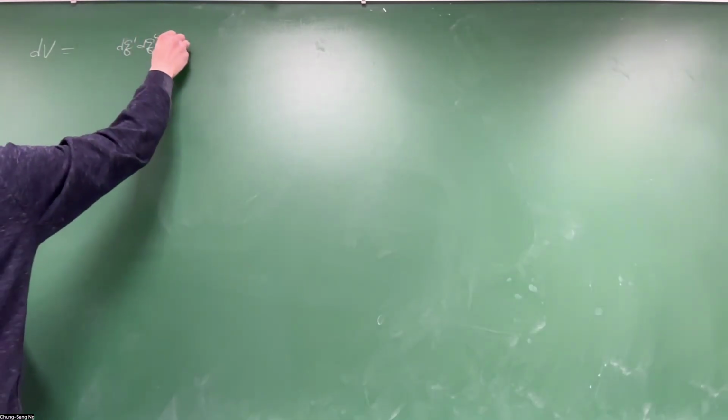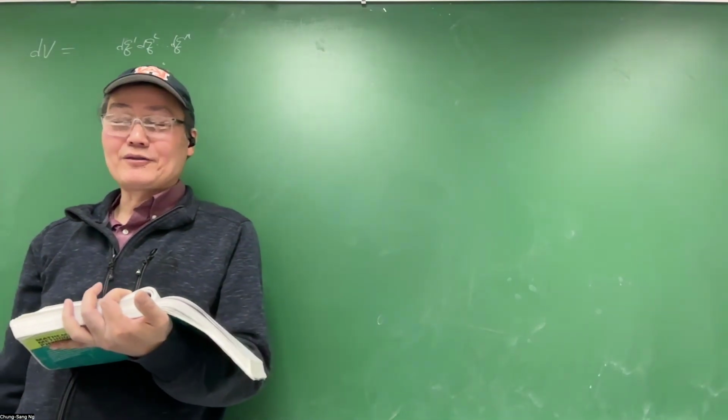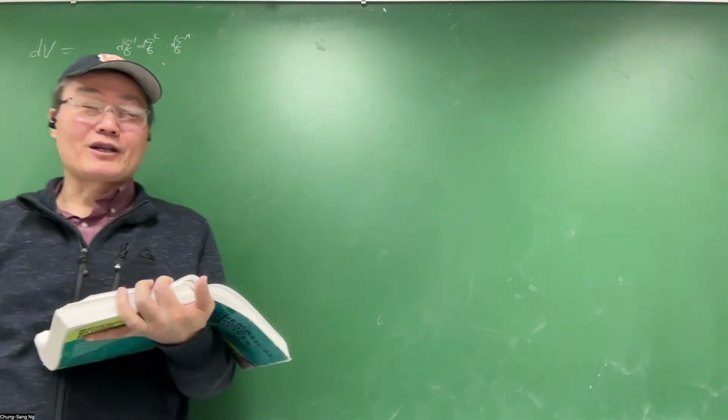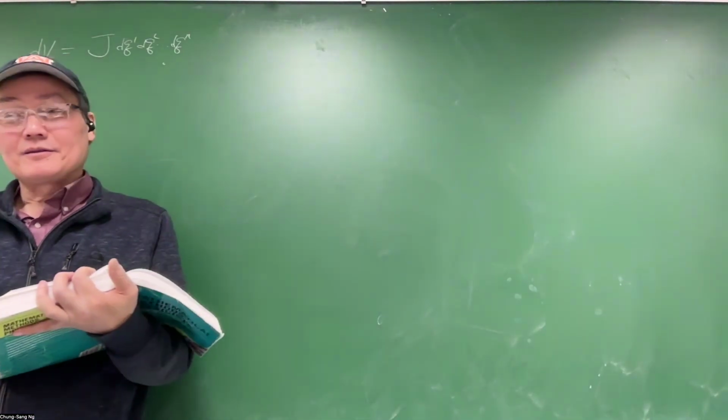So that must involve all the differentials in the new coordinates, like dq1, dq2, etc. But because they are general coordinates, obviously that won't give you the correct volume. There must be a factor to give you the correct one, what we call the Jacobian, right?